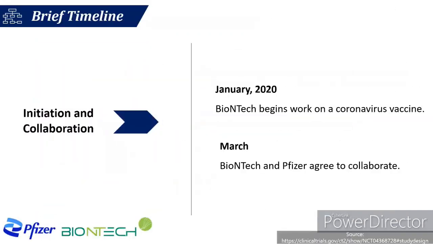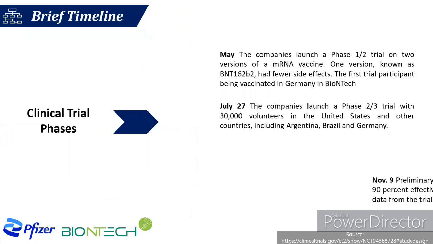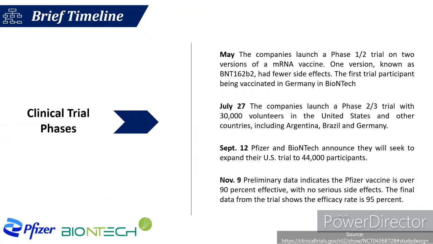Now, let us introspect on the brief timeline of the development of the Pfizer-BioNTech COVID-19 vaccine. The work began by BioNTech as early as January 2020. After collaborating with Pfizer in March, they conducted a 3-phase clinical trial in the USA with 44,000 participants.